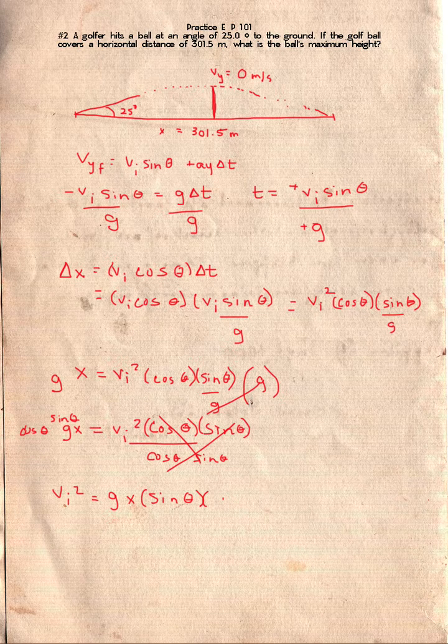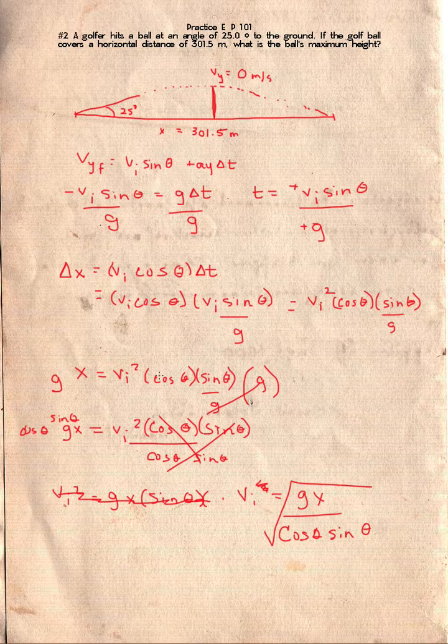Oh, sorry, I've messed this up. It's divided by. Vi squared is equal to gx divided by cosine theta, sine theta. And then we're going to take the square root of that so that we get vi.